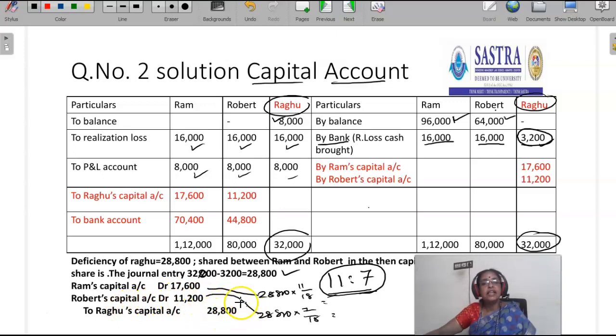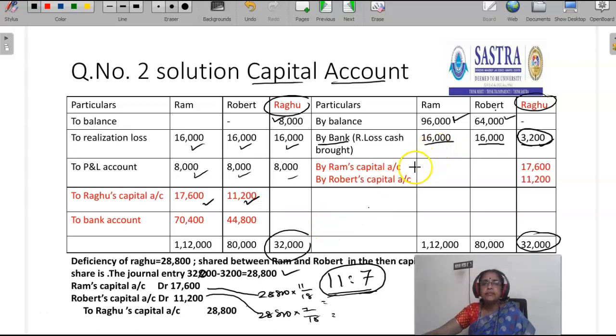The deficiency of Raghu is 28,800. So the entry is solvent partners' capital account debit to insolvent partner's capital account. Ram's capital account debit to Raghu's capital account is 17,600. Robert's capital account debit to Raghu's capital account is 11,200.